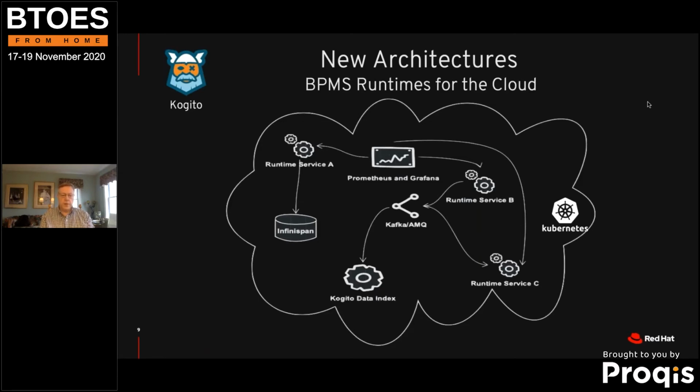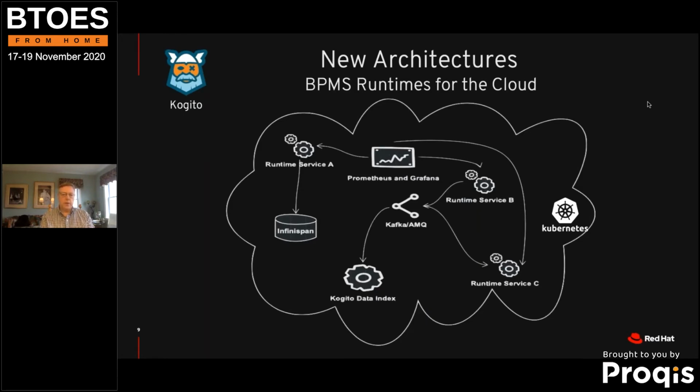They've broken down that big monolithic BPM system into separate microservices communicating with each other using an open source messaging system called Kafka, a very widely used messaging solution for cloud applications. They're creating a loosely coupled arrangement of different services that can each be deployed separately and scaled independently for the cloud.